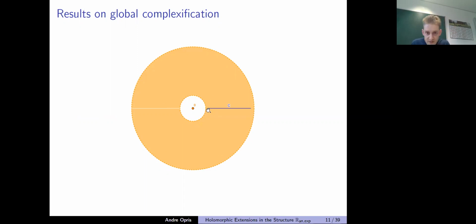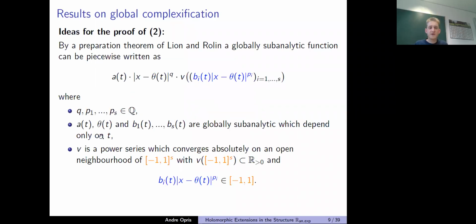Note that you can go a little bit outside the cell, with this annulus. And why can we do this? Because we have a power series which converges absolutely on an open neighborhood of this hypercube. And so you can extend this power series to a complex power series which converges on a polydisk with radius r bigger than 1.